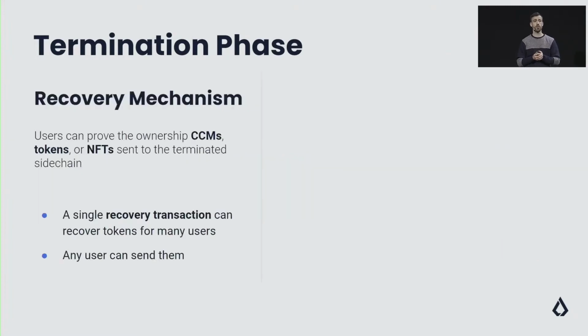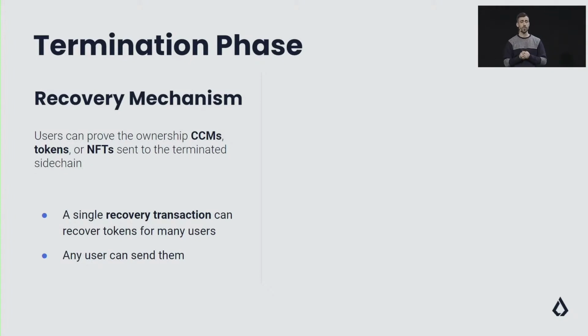Okay, so again, tomorrow my colleague Maxime will have a talk only covering the topic of the recovery mechanism. So here I am just going to give you a very general overview and the concept of these recovery transactions.